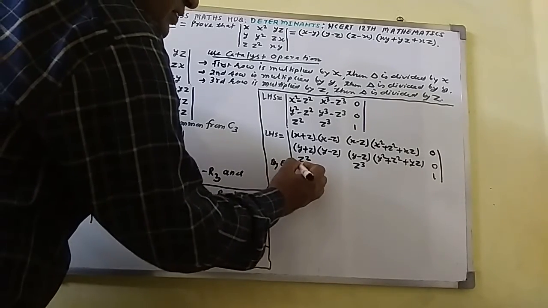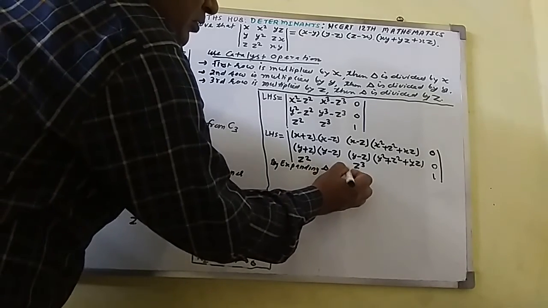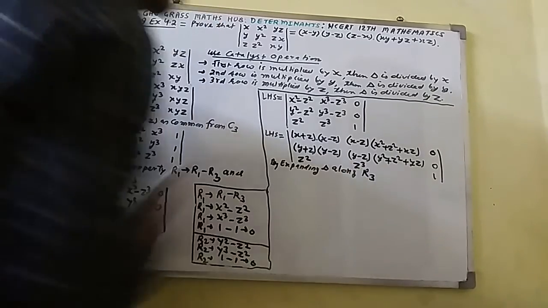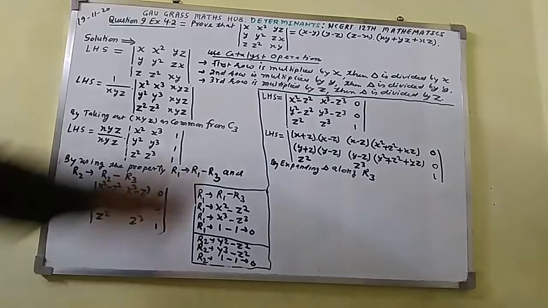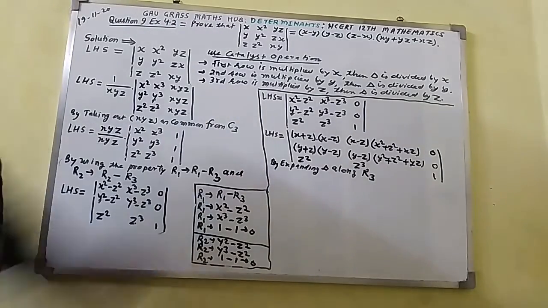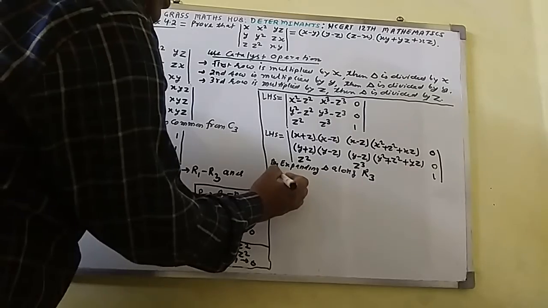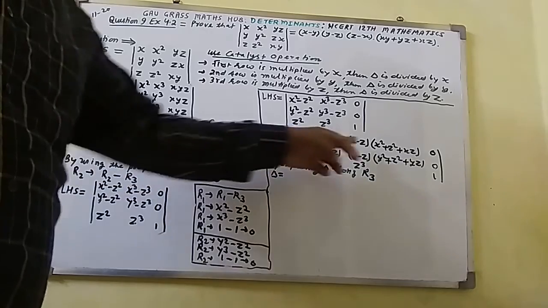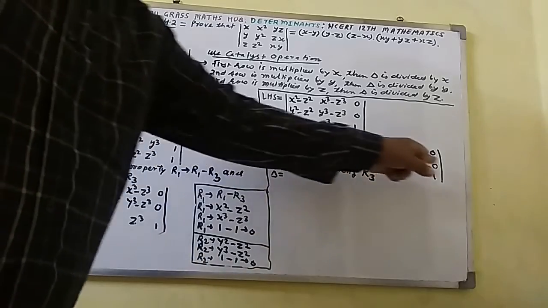By expanding the determinant along R3, the third row, you will get that equal to: here you can see the plus sign is there, plus minus plus, minus plus minus.